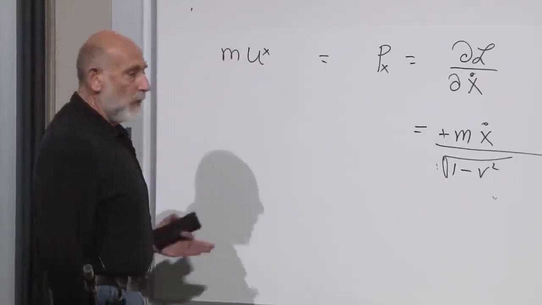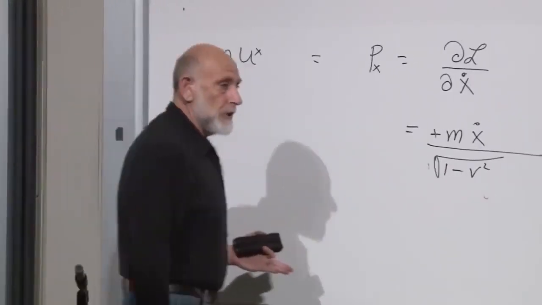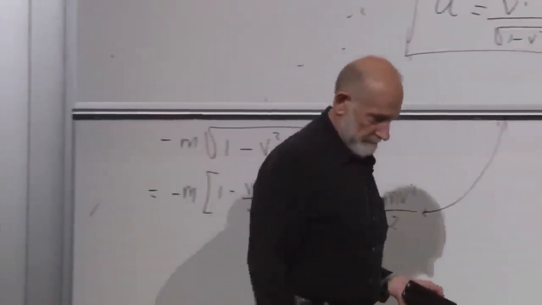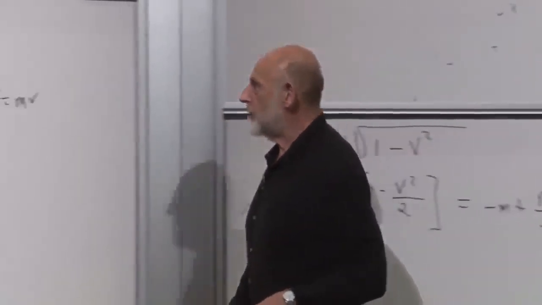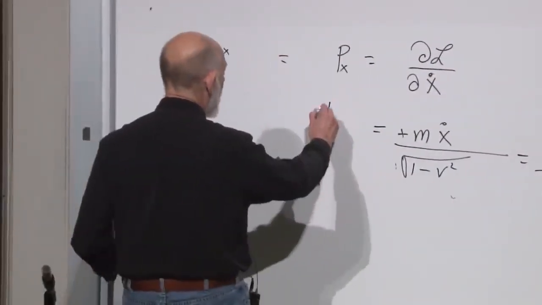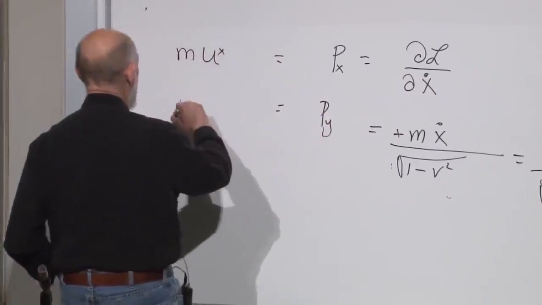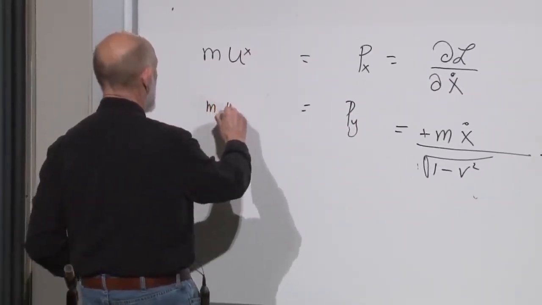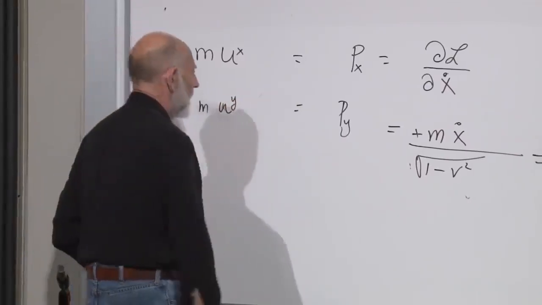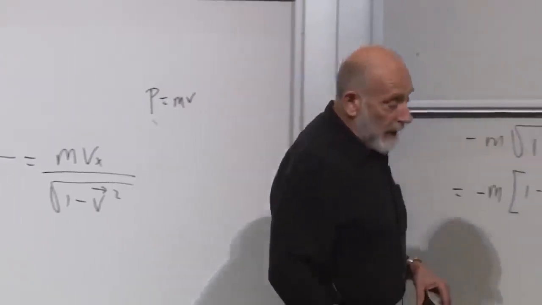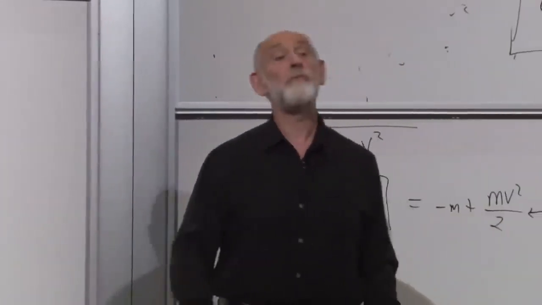The relativistic 4 velocity times the mass is equal to the x component of momentum. Likewise, for the y component, p sub y, is equal to m u sub y, and likewise for z. M is rest mass. M is the mass.